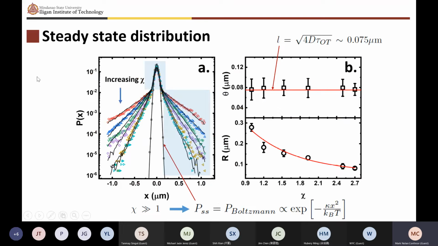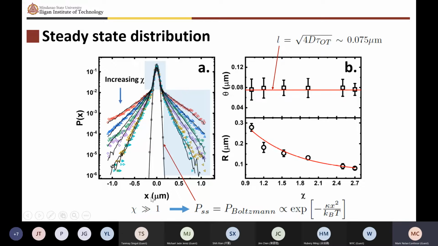So what you see here in A is the probability distribution of the position of the particle as a function of chi. Remember, higher chi means longer periods of on than off. You can see that at the equilibrium condition, chi equal to 1, the one in the middle, it perfectly fits a Boltzmann distribution, as expected.